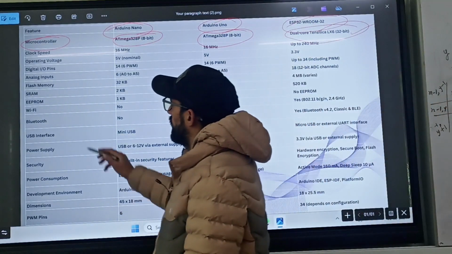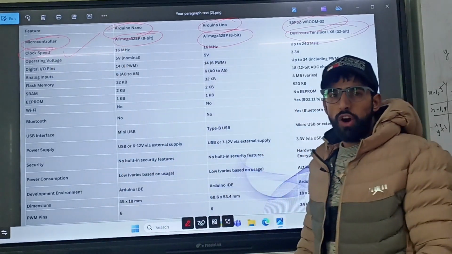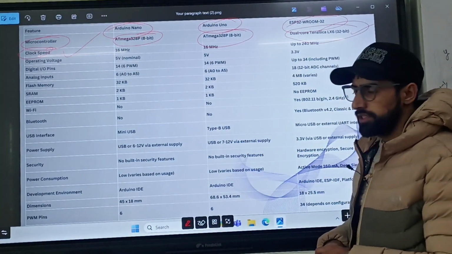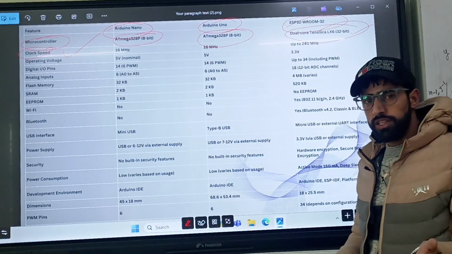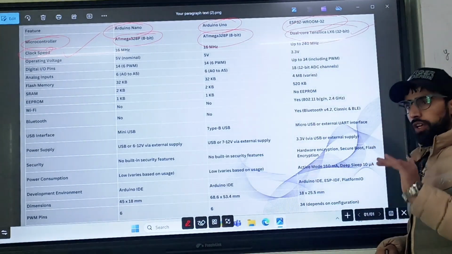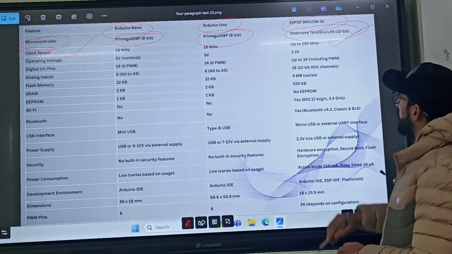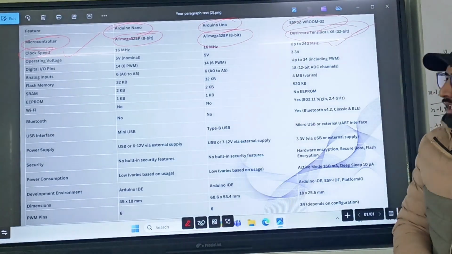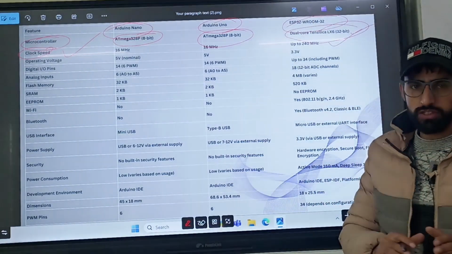After that, we talk about the clock speed. The clock speed of the Arduino Nano is 16 MHz and the clock speed of the Arduino Uno is the same, 16 MHz. But ESP32 has a clock speed of up to 240 MHz. So that is the difference.